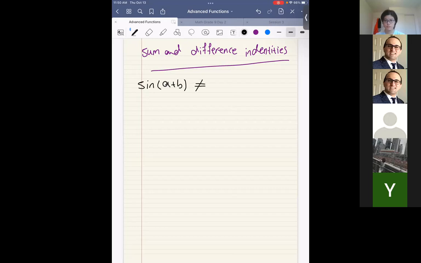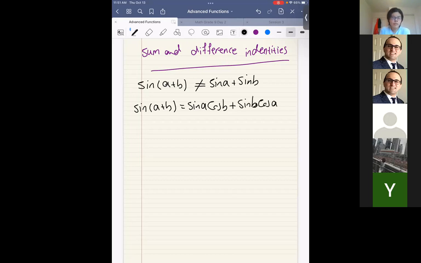This is not equal to sine A plus sine B. But sine of A plus B is equal to sine A times cosine of B plus sine B times cosine of A. So that's the first, sine of the sum of two angles.